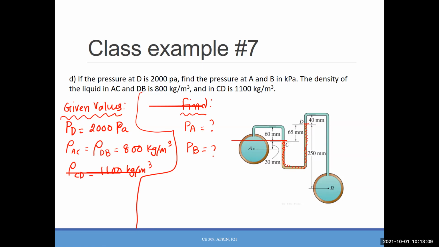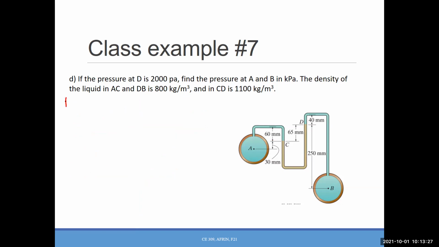It will not make any problem because we know the pressure at D. Okay. So let's start working on that. I will work with PB first, and I will let you work on PA. Okay.